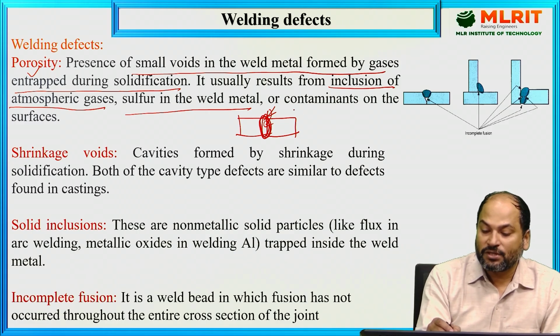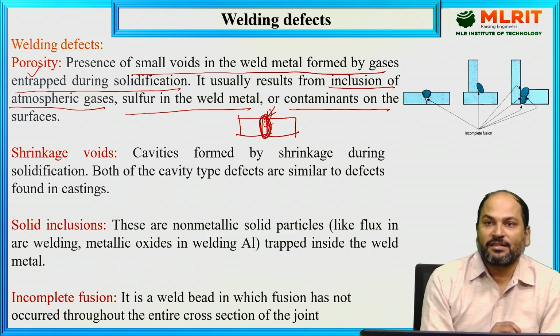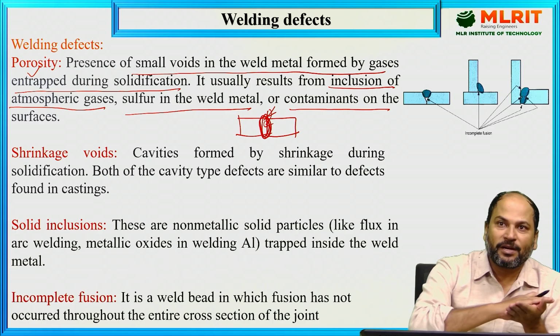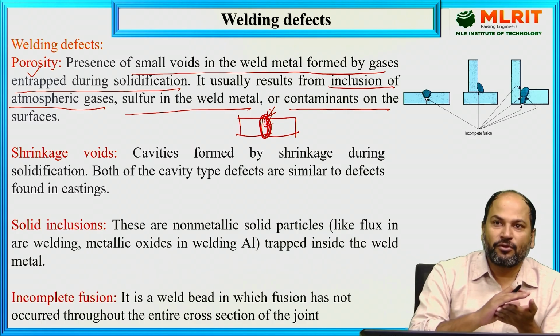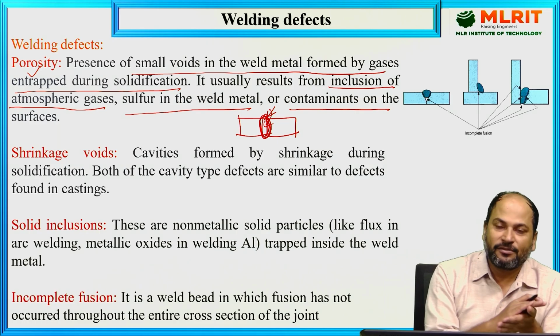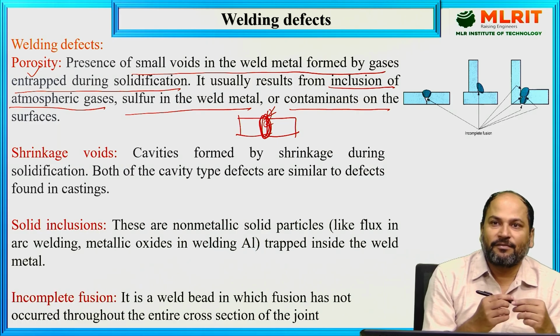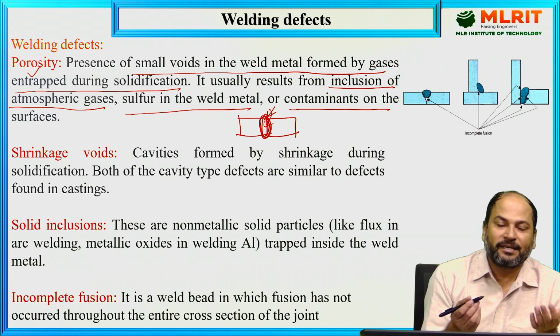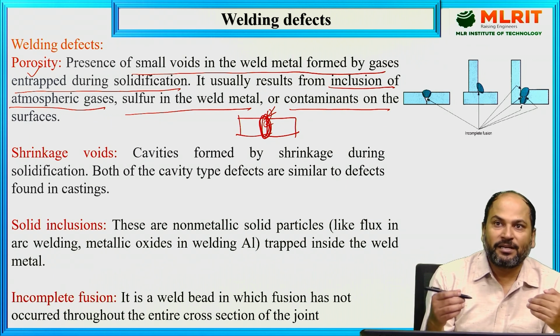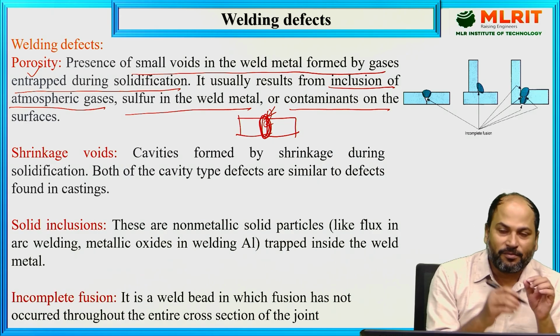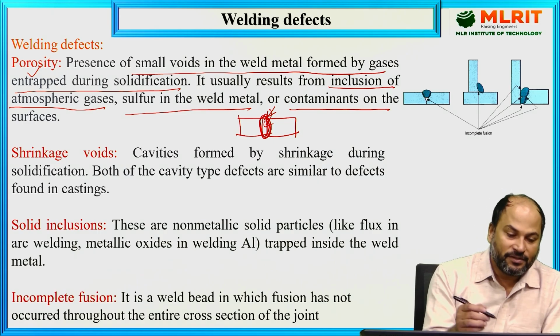And of course contamination: if contamination is there on the surfaces, meaning you are doing the welding and did not properly clean the surface before welding, then these contaminants will also be entrapped, and once welding is completed and it solidifies, they will be trapped there, and finally appear in the form of small voids on the surface, which is known as porosity.